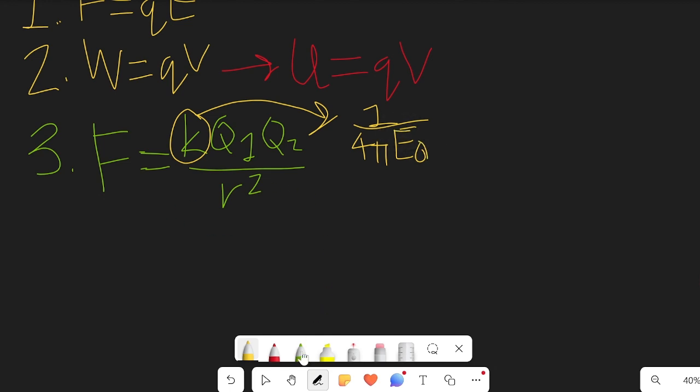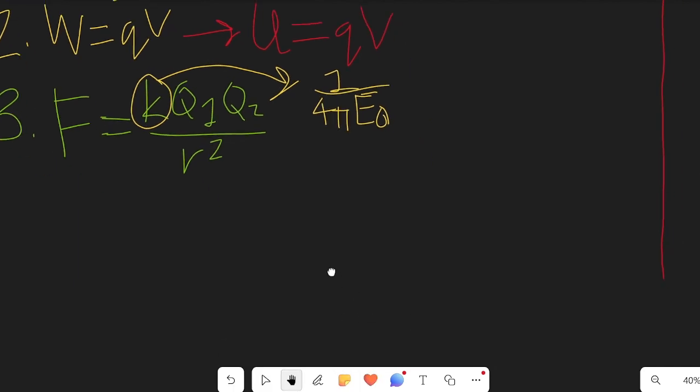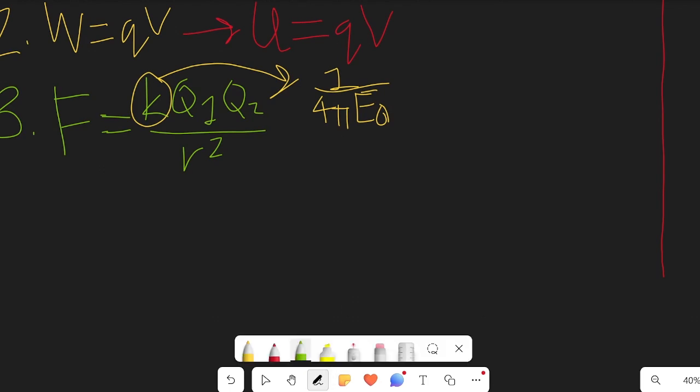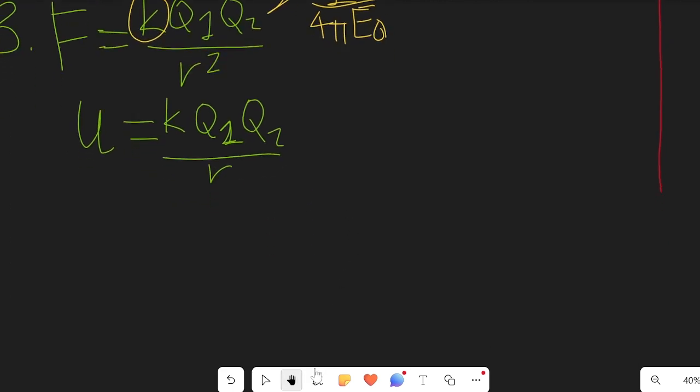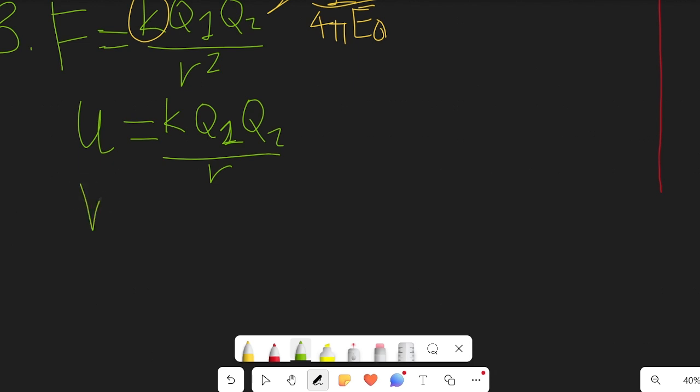So, of course, this Coulomb's law equation had several variations. First was our potential energy, which states that potential energy equals the Coulomb constant times Q1 times Q2 over distance r. Another variation was potential, where potential equals the Coulomb constant times Q1 over distance.